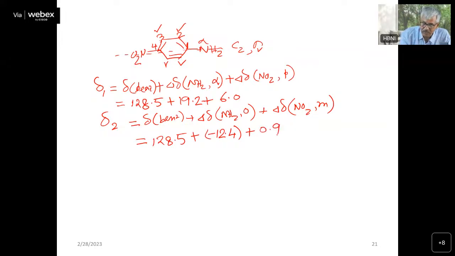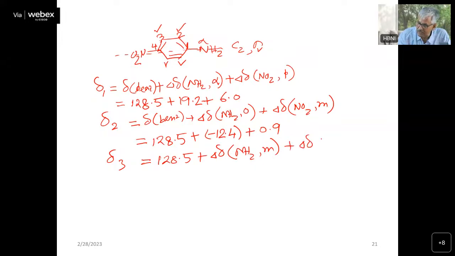0.9. Delta 3 will be equal to, again, benzene 128.5 plus delta NH2 now meta plus delta NO2 now ortho, and you will see those values: 128.5 plus delta NH2 meta is 1.3, plus ortho is minus 5.3.